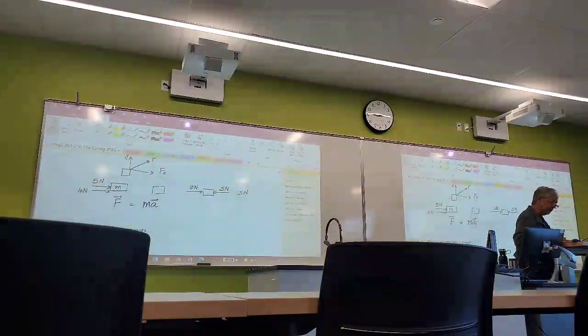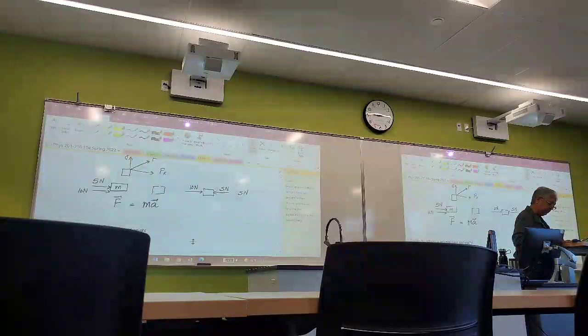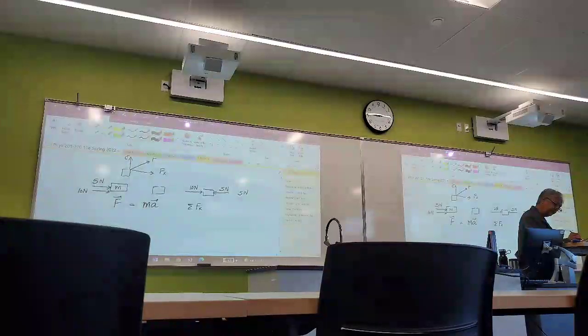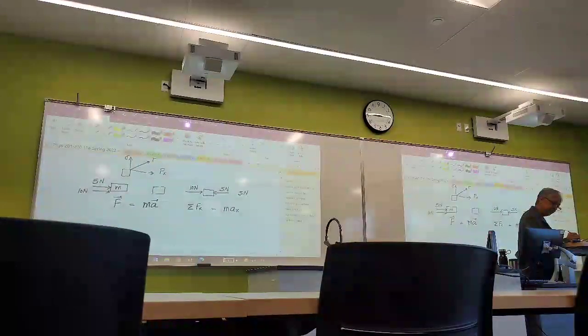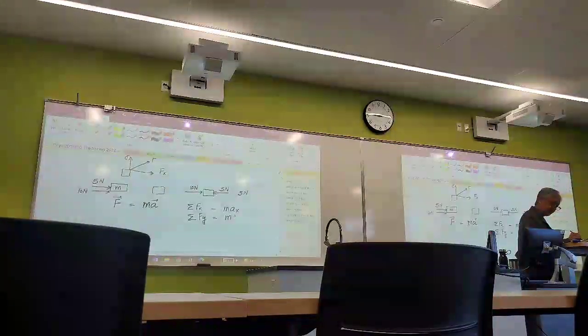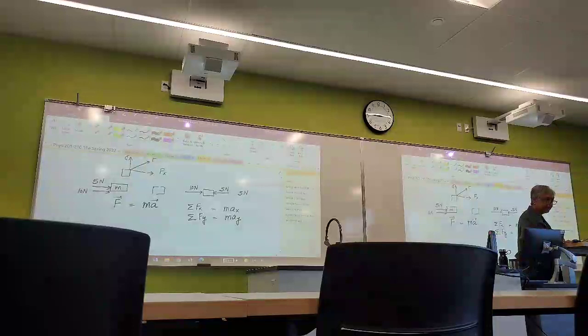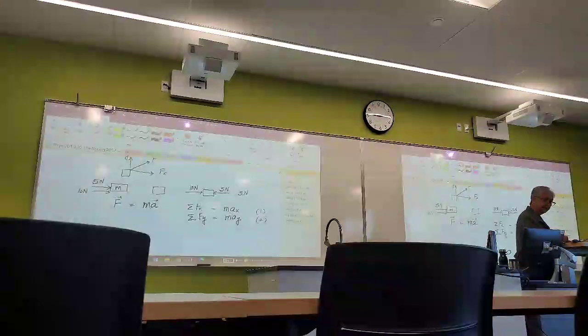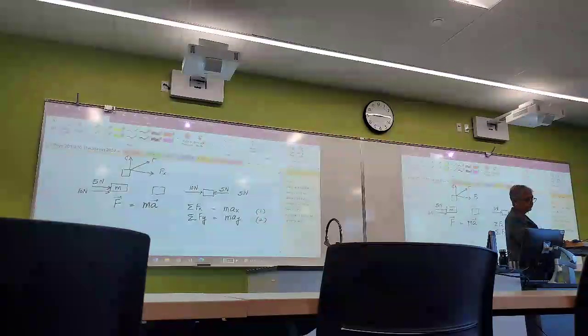So F equal to ma, this particular equation, when we use it, we write this as the sum of all the forces in the x direction is equal to mass times acceleration in the x direction, and the sum of all the forces in the y direction is equal to mass times acceleration in the y direction.